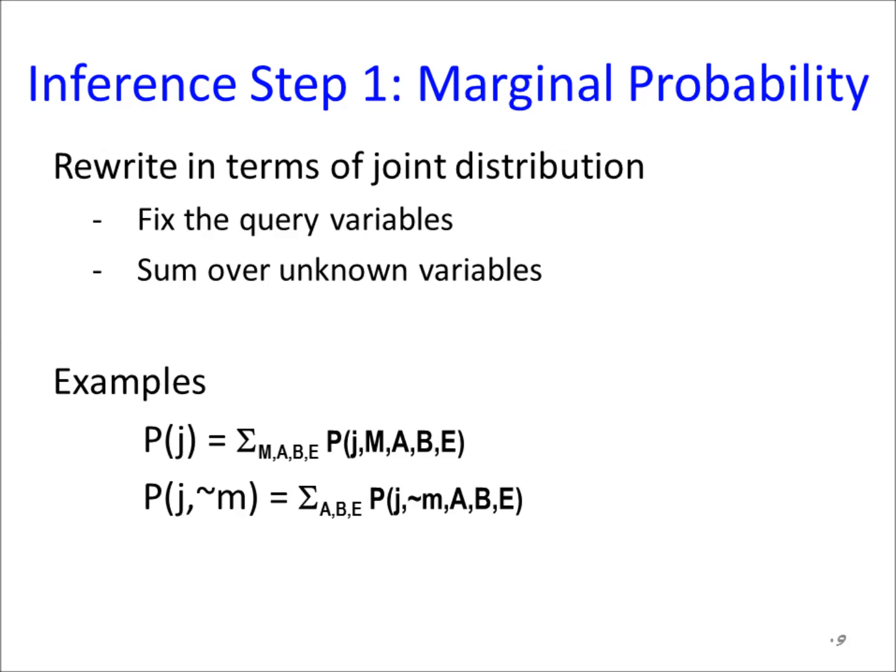So let's do one step at a time. The very first step in all variable elimination problems is to write the probability that you want to compute in terms of the joint distribution.